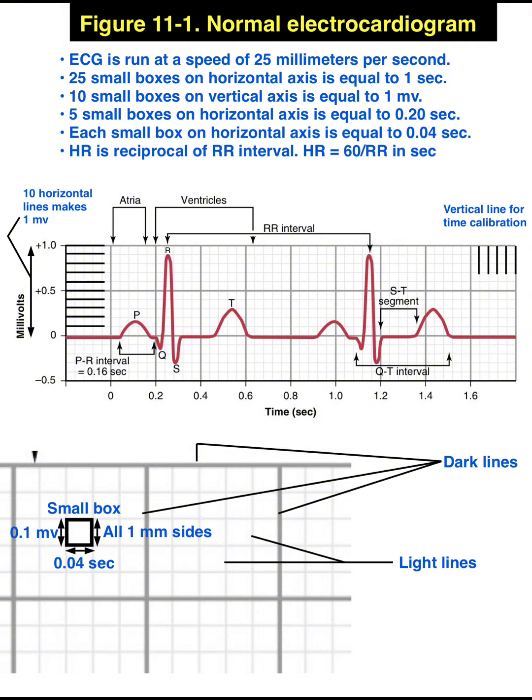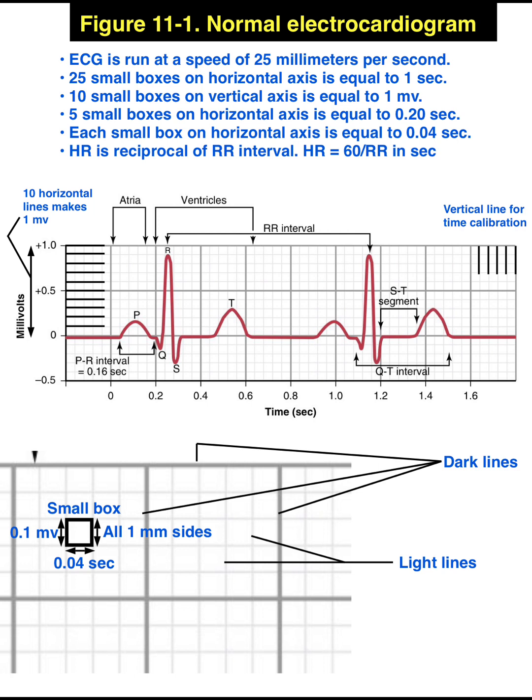Bottom part of the figure shows a small box, and vertically it represents 0.1 millivolt, and horizontal axis it shows 0.04 second. Each side of the small box is 1 millimeter in length.